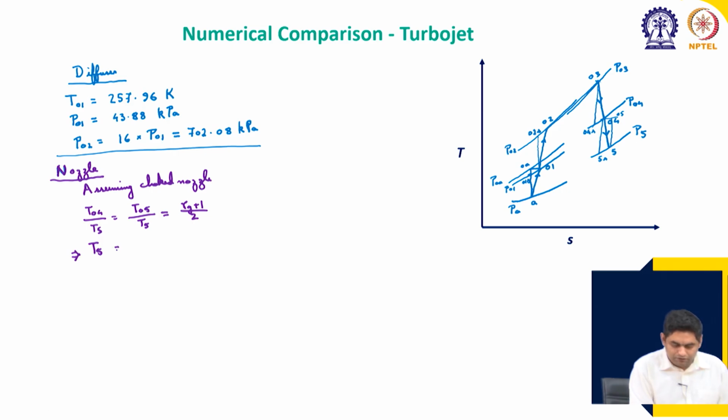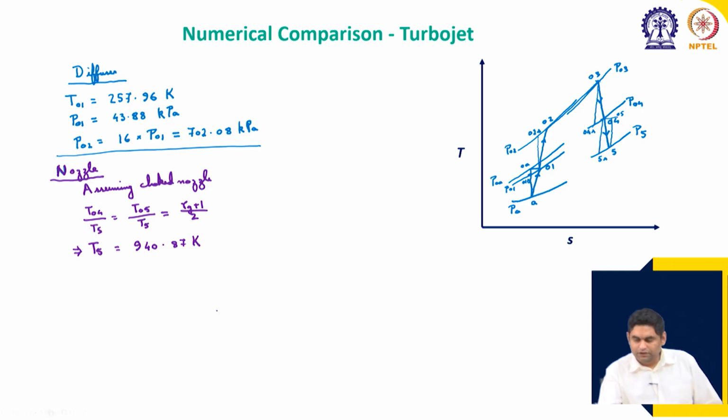T5 is equal to 940.87 Kelvin. This is found, but for the pressure we have to see whether the nozzle is choked or not.